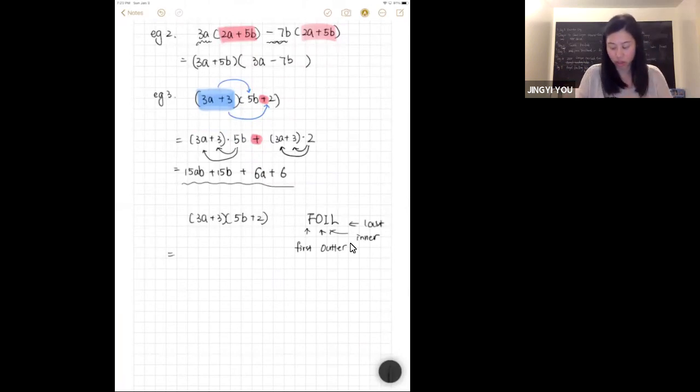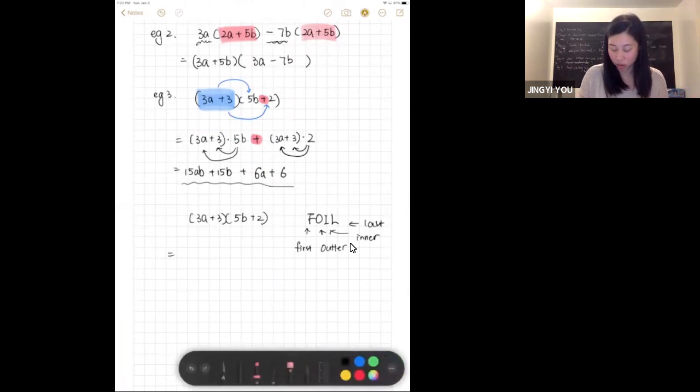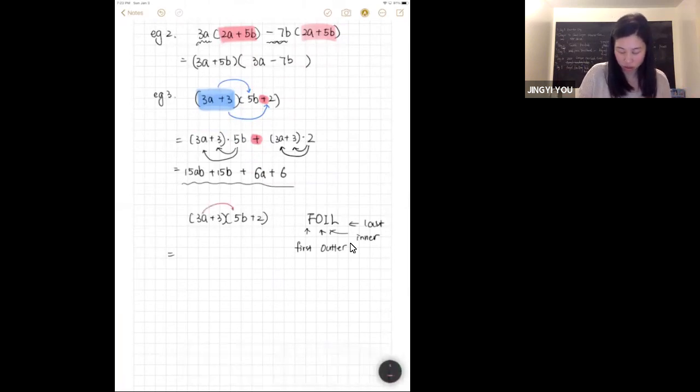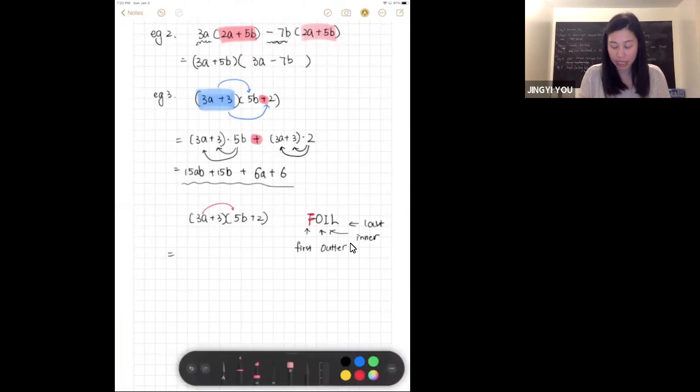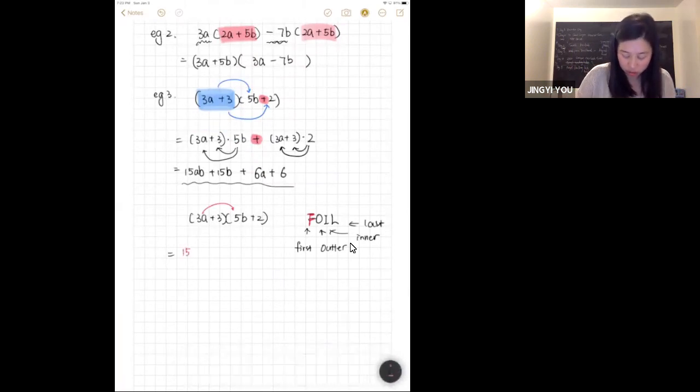That means first: the first term of each parenthesis, they multiply together. So what's the first term? Let me use a similar color. This is the first term of each parenthesis. So I have 3a times 5b, which is 15 times ab.